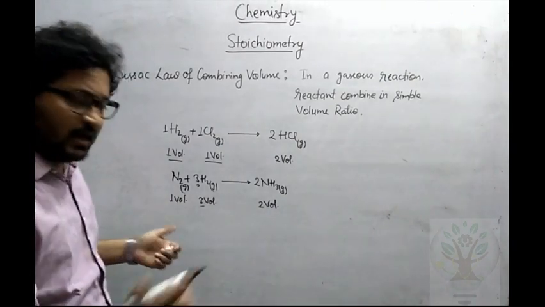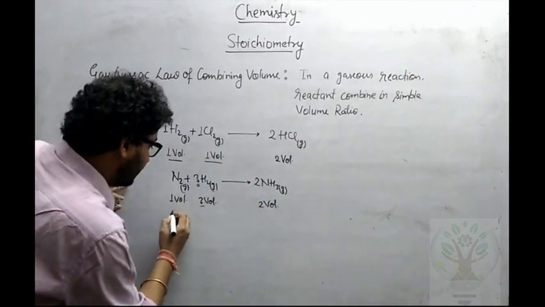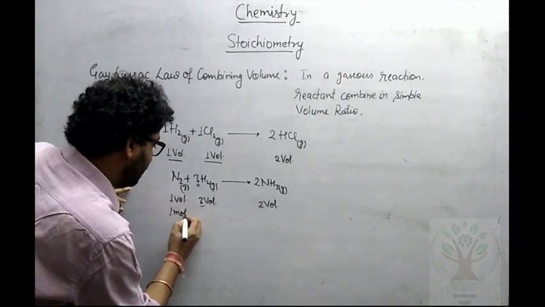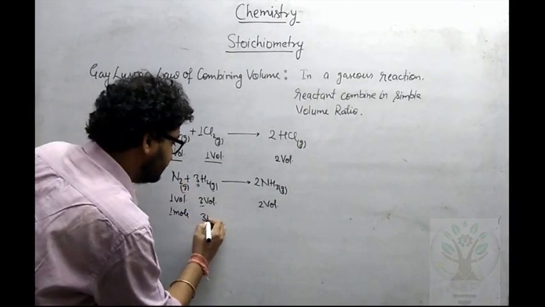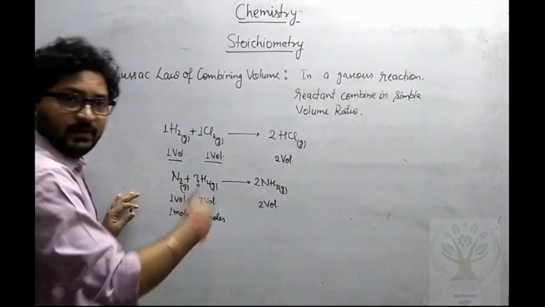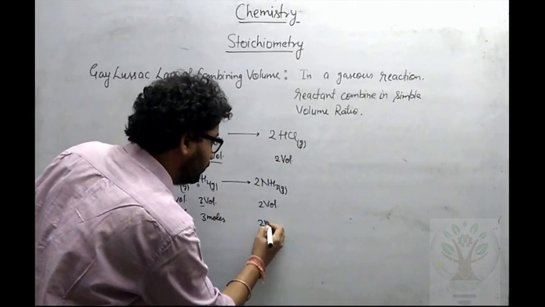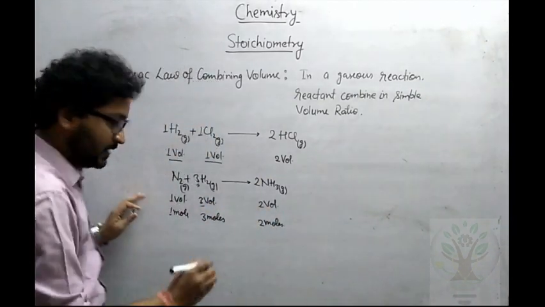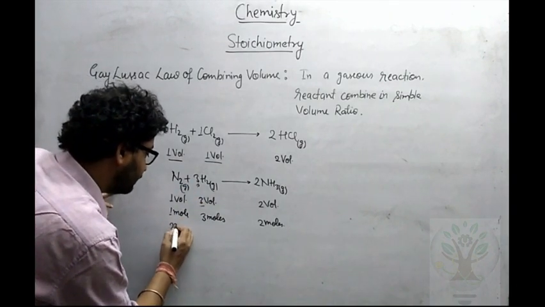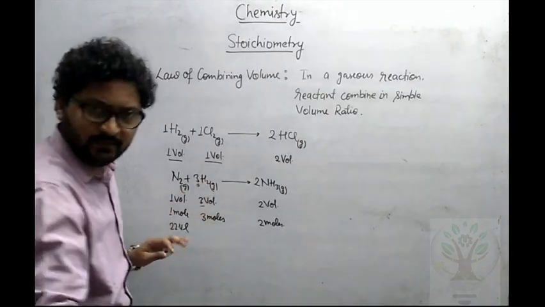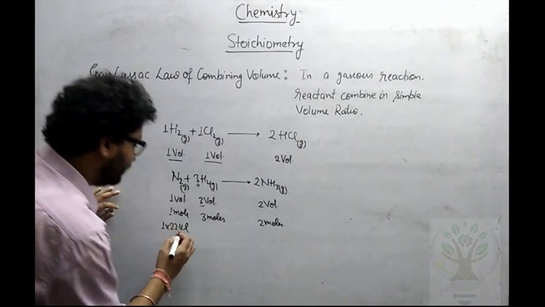Now you can easily derive this relation. I have already told you that 1 mole of N2 reacts with how many moles of H2? 3 moles. And how many moles of NH3 are formed? 2 moles. Now, what is the volume of 1 mole of gas? 22.4 liter at STP. So let's write 1 into 22.4.